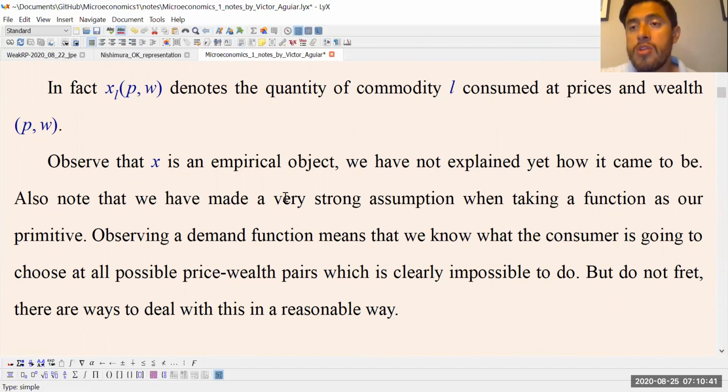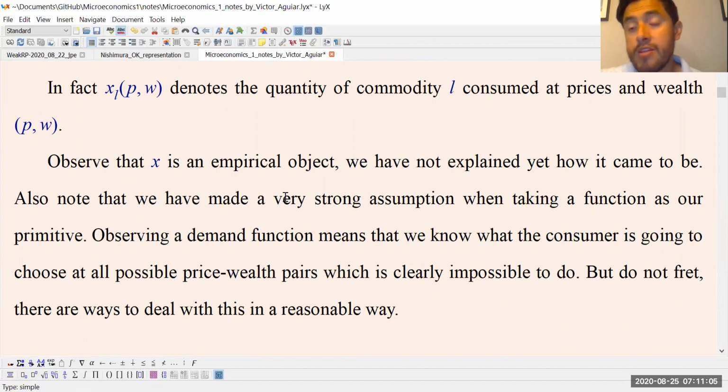That is a lot to assume because we haven't explained how this came to be. What does it mean to observe a demand function? It means that I have to be able to know what the consumer is going to be demanding for any price and income level, any. So how many prices and income levels are there? Well, there is an infinite number of them.